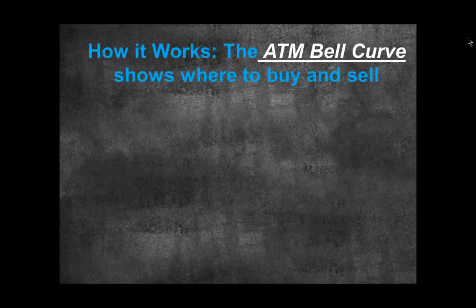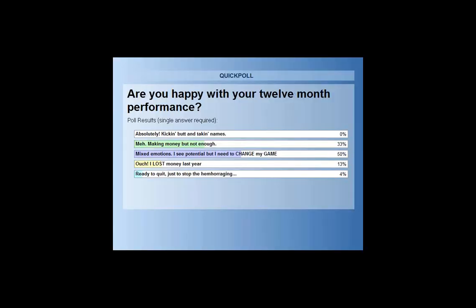Now, before I explain how it works, let's do a poll. We asked everybody, hey, are you happy with your trading results? How happy are you? Absolutely, very much, yes: nobody said. Pretty good, doing all right, making money, but not enough: 33% said.